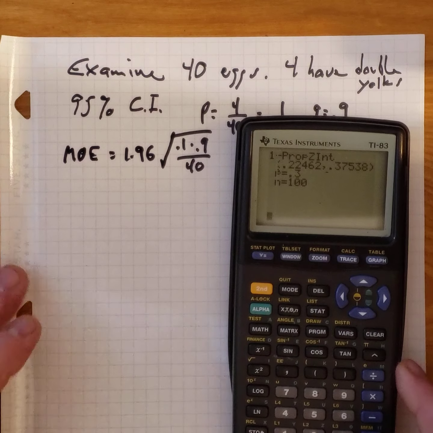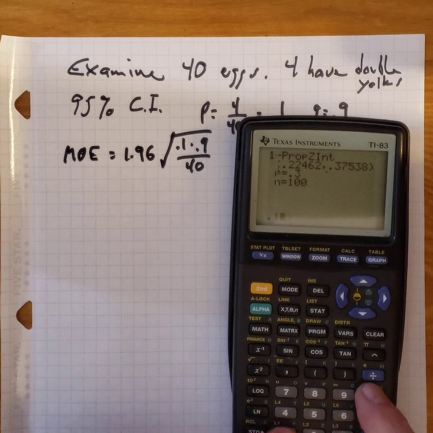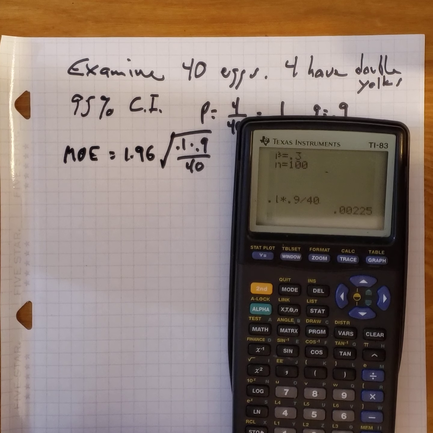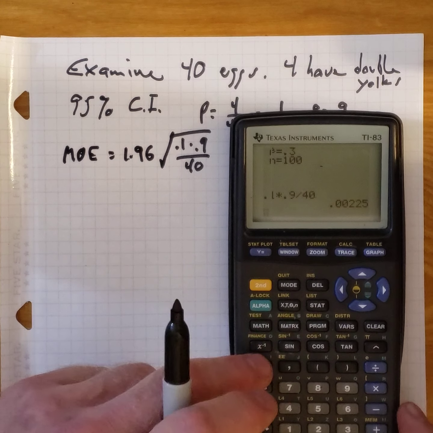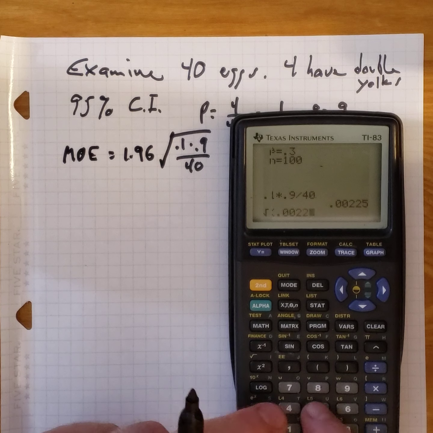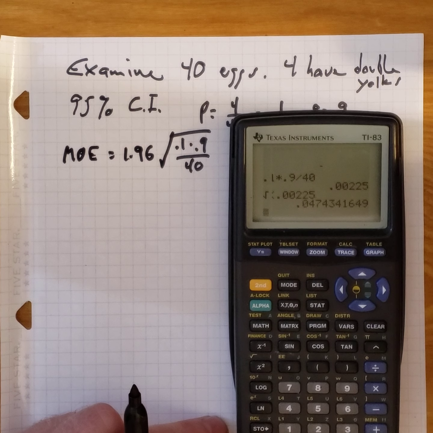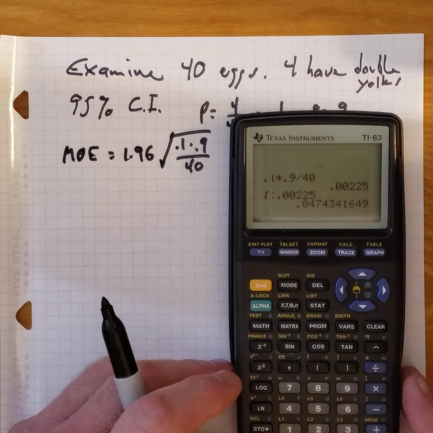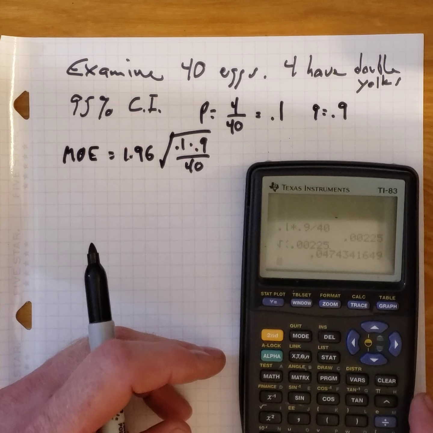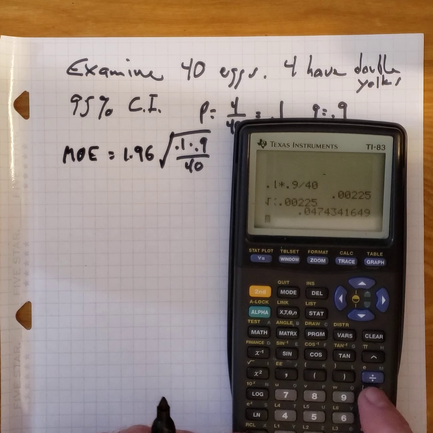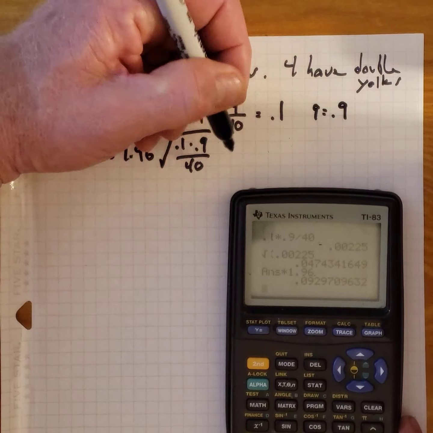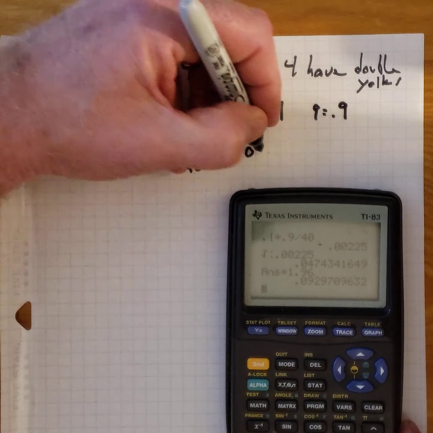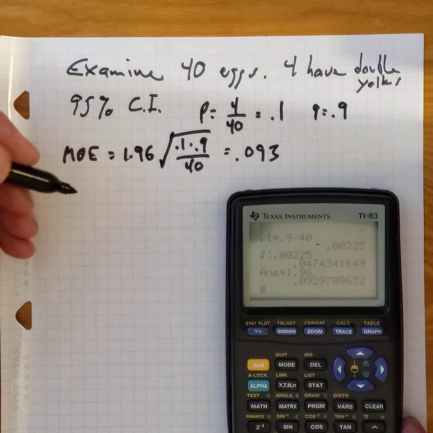Little calculator work for that. 0.1 times 0.9 divided by 40 gives us 0.00225. Take the square root of 0.00225, and we get about 4.7%. Oh, sorry, I didn't multiply by 1.96. So our margin of error is about 0.093.